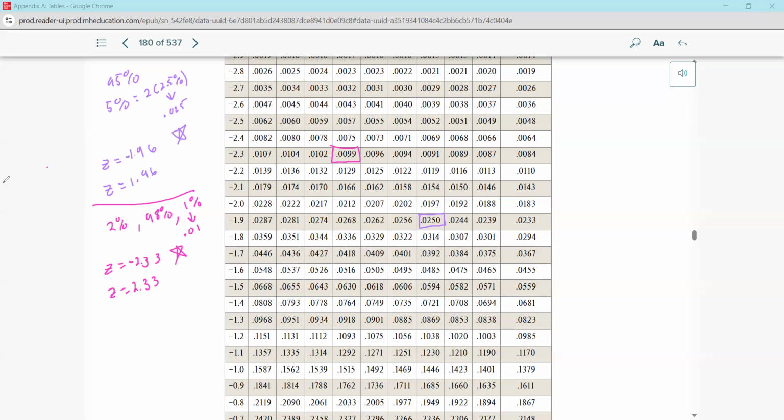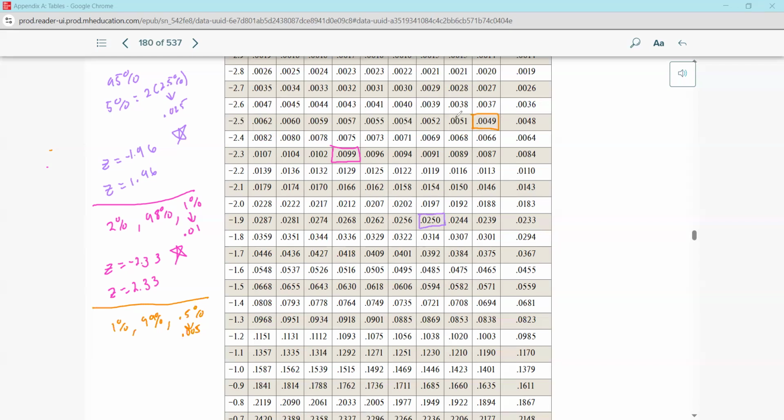95 is 1.96. The last one you need to know is the 1%, which is 99%, which is 0.5% in between. Which is then 0.005 as a probability. So when I come over here, 0.005, this is going to be the closest, I think.